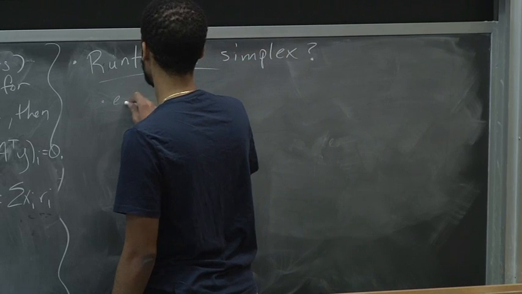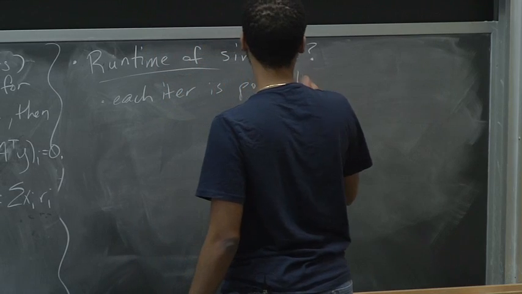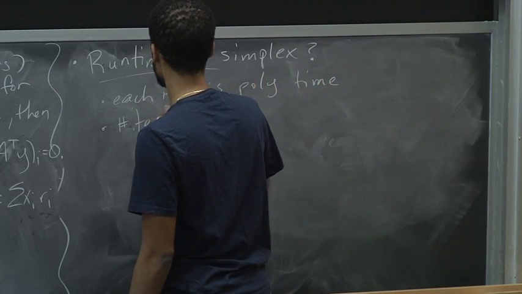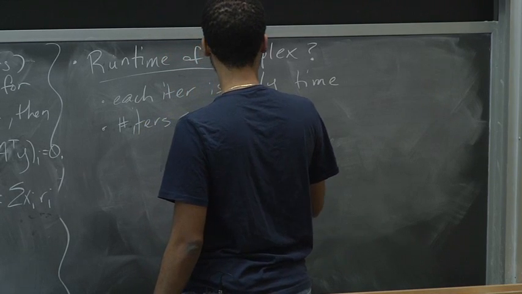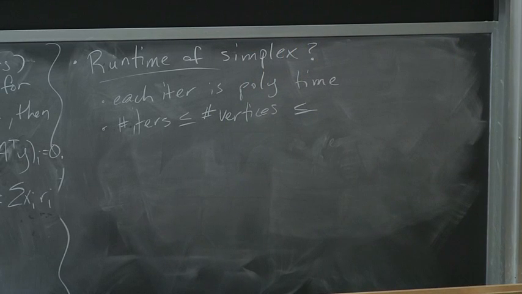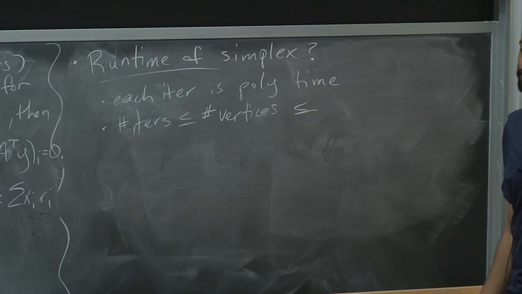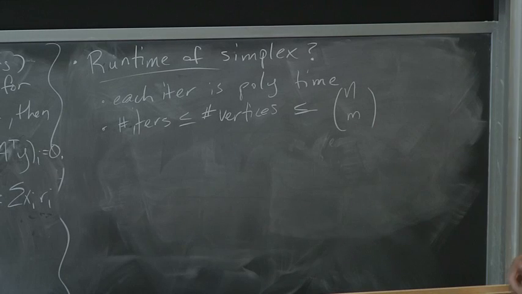Each iteration is poly time. The number of iterations is at most the number of vertices. What's the crudest bound you can think of? Yeah, it is at most n choose m, because vertices are represented by these bases, which are subsets of size m. So this is exponential.